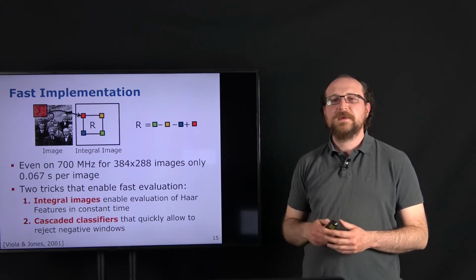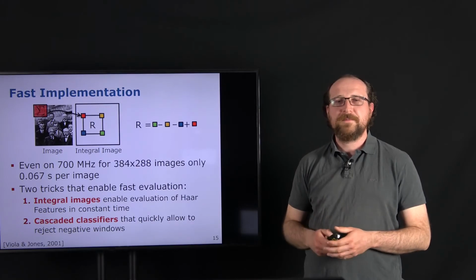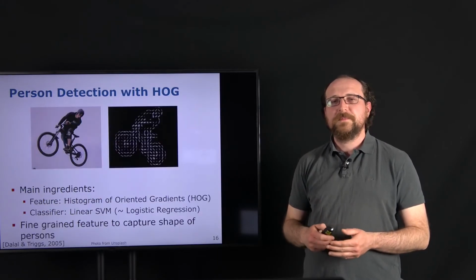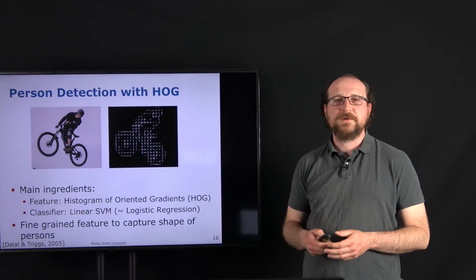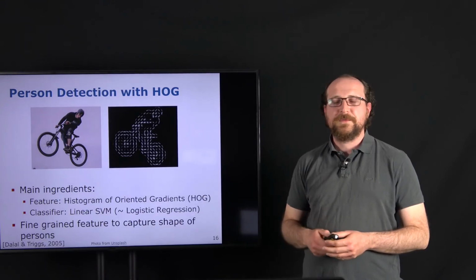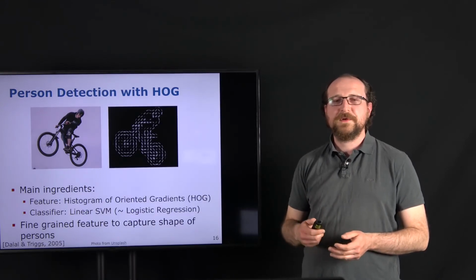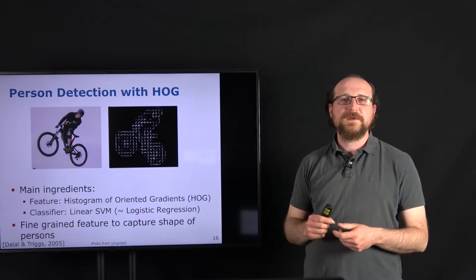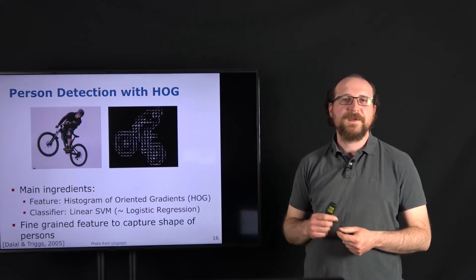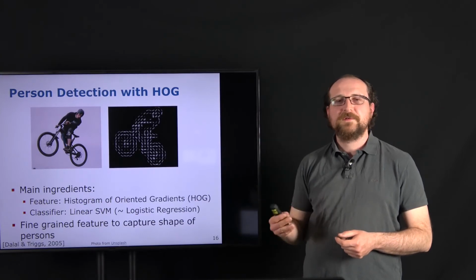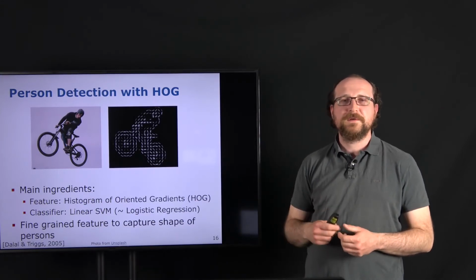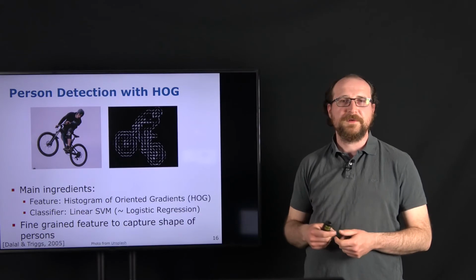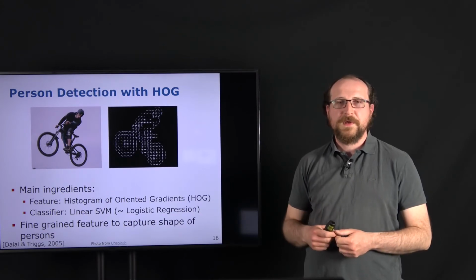And the next thing that people came up with was the so-called histogram of oriented gradients, the HOG descriptor. The HOG descriptor enables us to capture gradient information locally in such a way that the method can very accurately detect pedestrians, or persons, in this case.